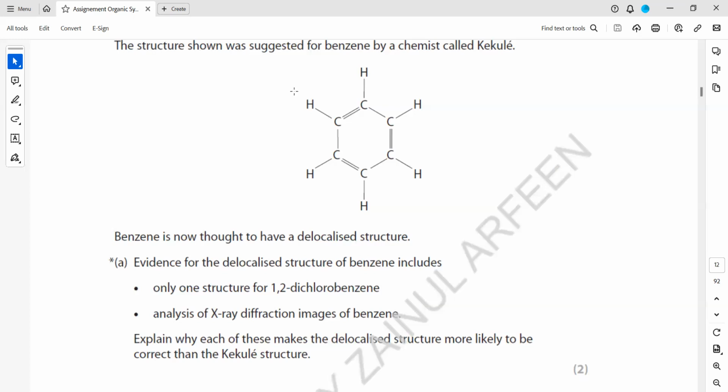So if we say 1,2-dichlorobenzene, evidence for a delocalized structure of benzene includes only one structure of 1,2-dichlorobenzene. Only one possibility is there for 1,2-dichloro. If the double bond were to break, chlorine might attach here and chlorine might be attached here.